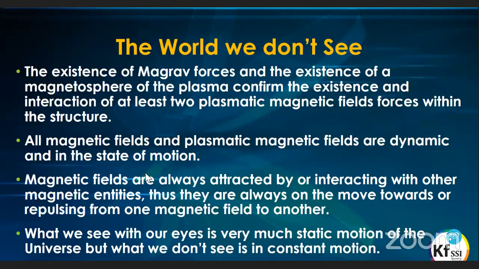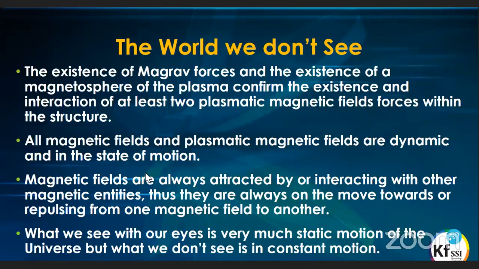So all the magnetic fields and plasmatic magnetic fields are dynamic and in a state of motion constantly. These magnetic fields are always attracted by or interacting with other magnetic entities. Thus, they're always on the move towards or repulsing from one magnetic field to another.